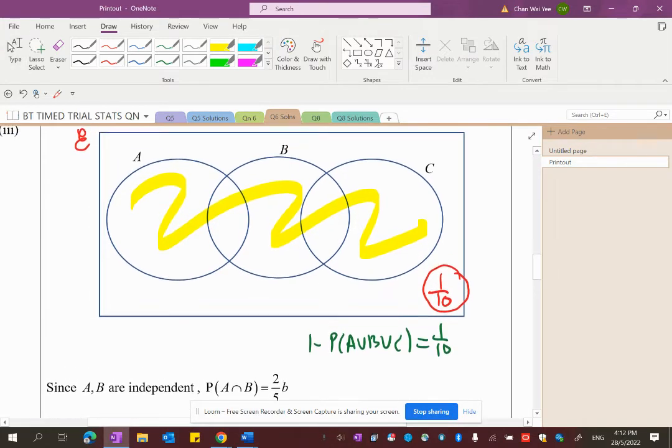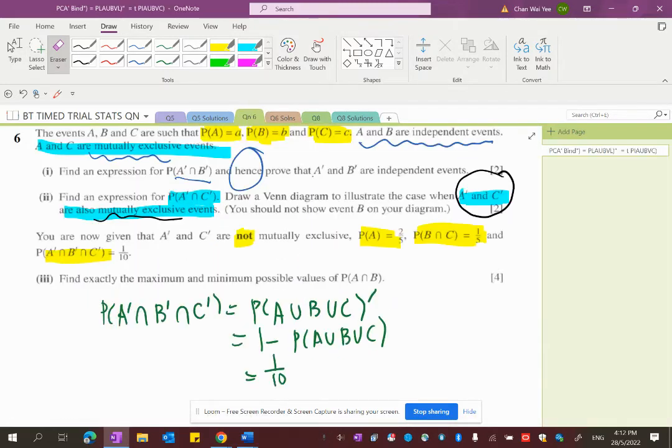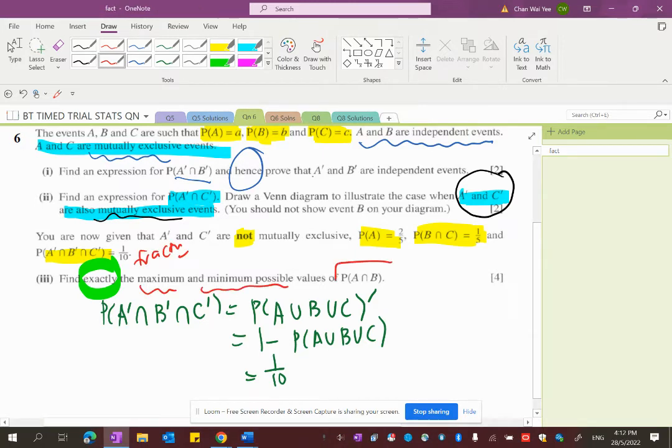Now we are going to solve the question. Eventually, we want to find the exact value, that means in fraction, of the maximum and minimum possible values of P(A intersect B). But before we arrive at that step, we need to complete the Venn diagram first.